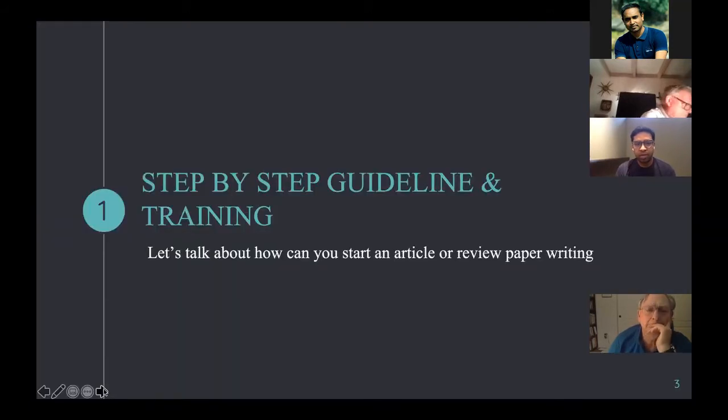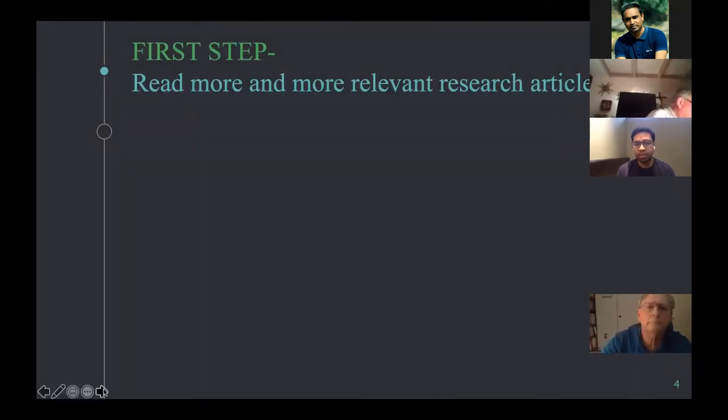So let's go through the step-by-step guideline and training on how we can start to write a research article or review article. The first step is that there is no alternative to reading research articles.